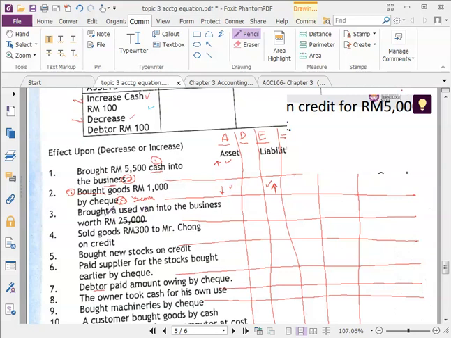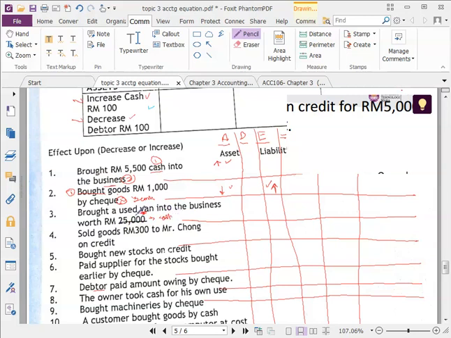Brought a used van. Brought means that purchase a used van into the business worth 25,000 ringgit. Okay, so we assume here the business is using cash.